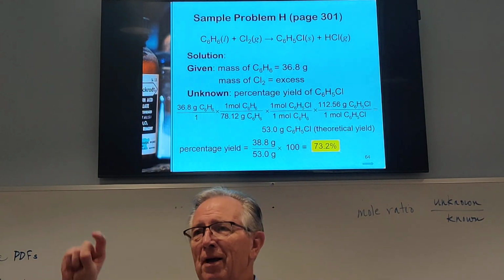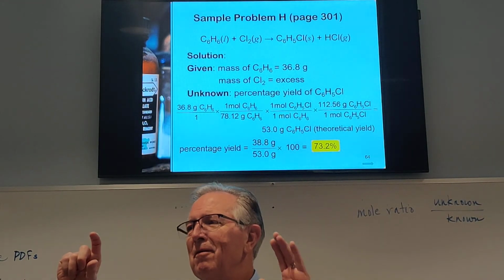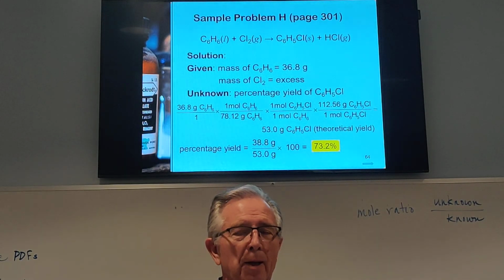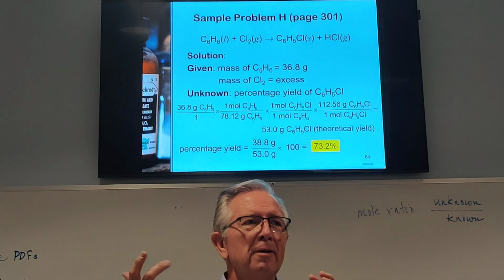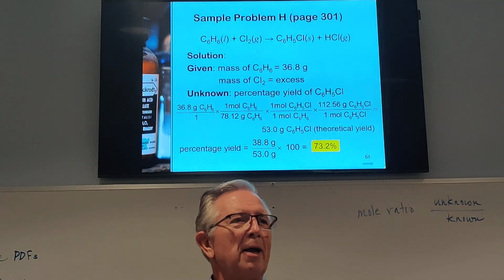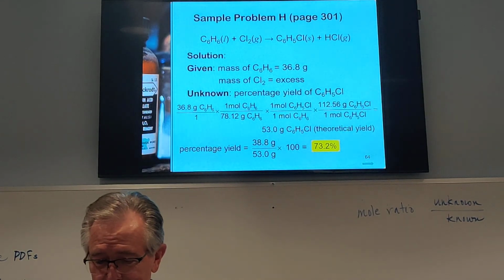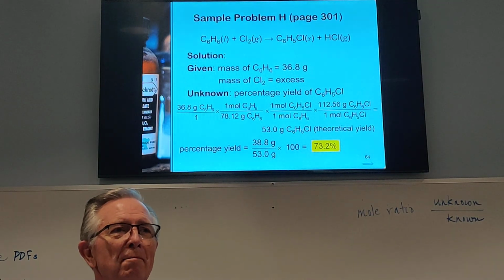But if I raise my percentage, will it cover the cost of paying for more expensive chemicals? Or maybe I need to make my reaction environment different so that they'll do a better job of reacting. There's all kinds of things. So chemists are very valuable to a chemical company. They're the ones that help them make the most money.